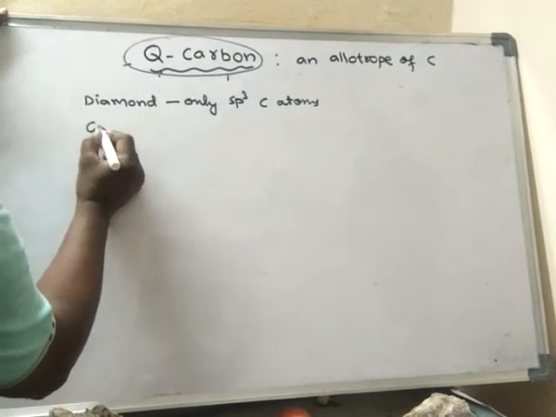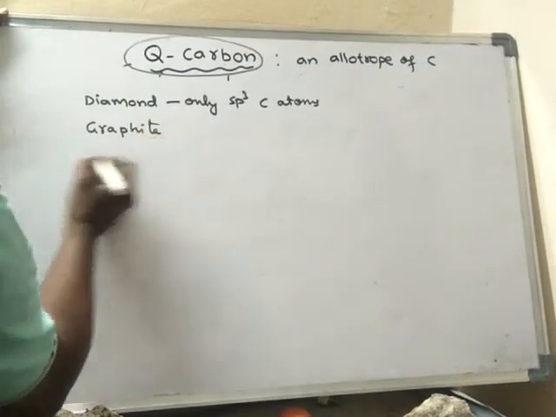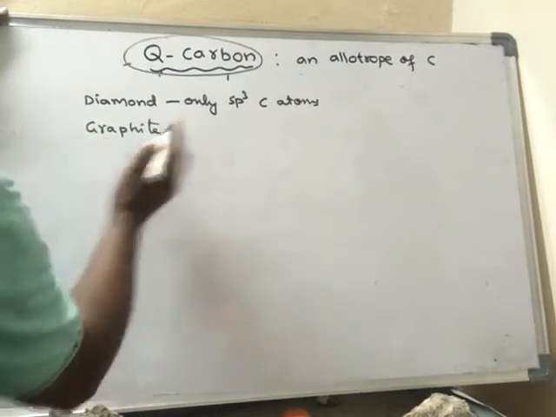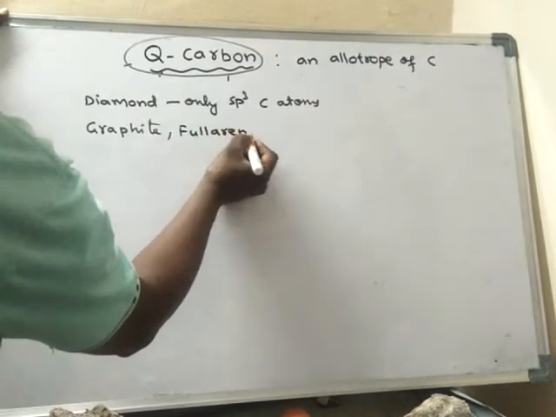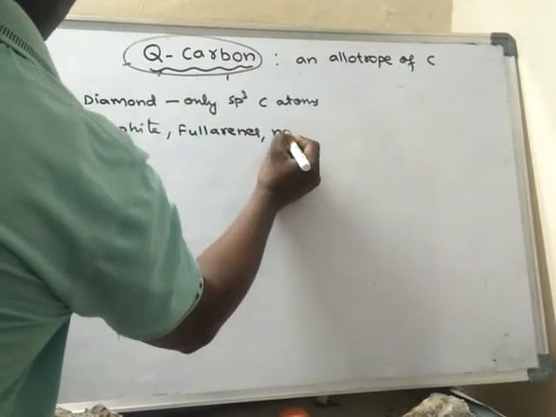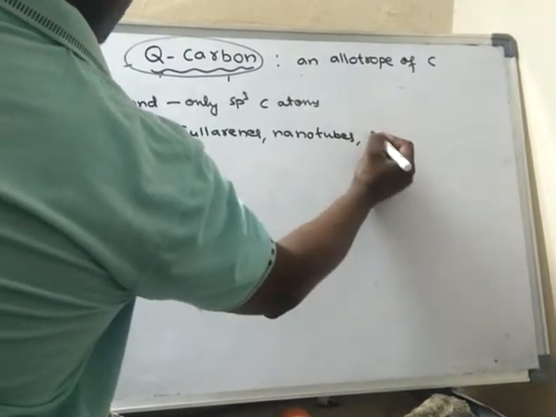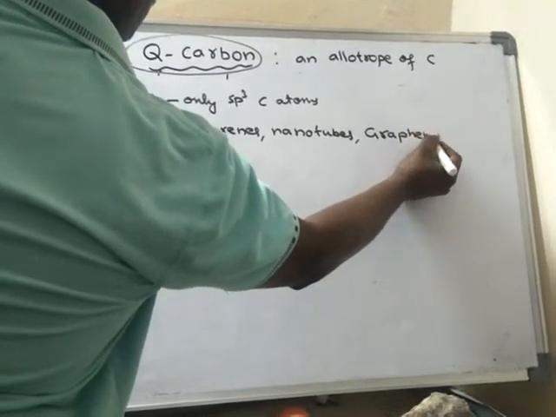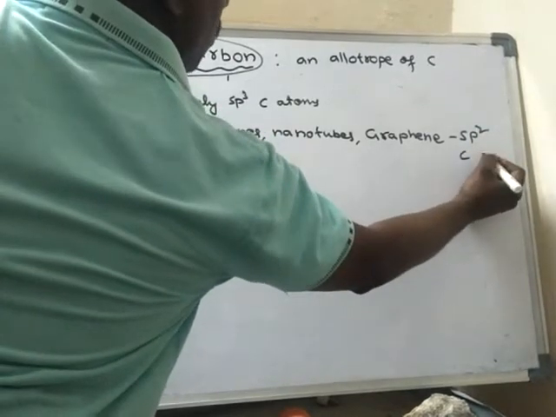In graphite, fullerenes, nanotubes, or even graphene, you will find sp2 carbon atoms.